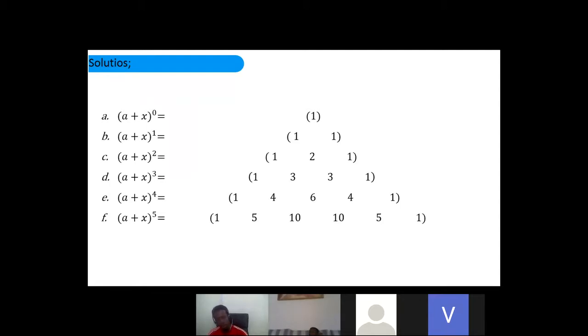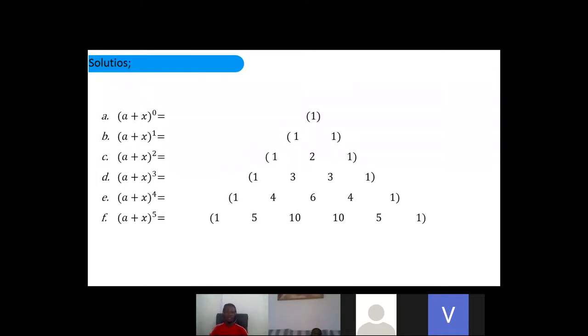Now, when we have a negative exponent, Pascal's triangle is also limited here. We can't use it to expand when you have a negative exponent, maybe a plus x exponent -2, -3, or a fraction.